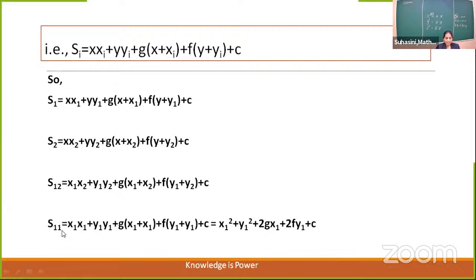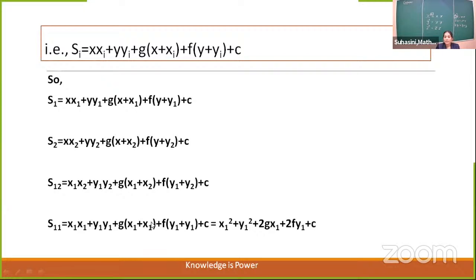Please observe here it is double one and it is single one. Single one is in terms of x, y and constant. So S1 is a linear equation in x and y. Whereas in S11, x1 is a number like 4, a constant. y1 is a number like 5.